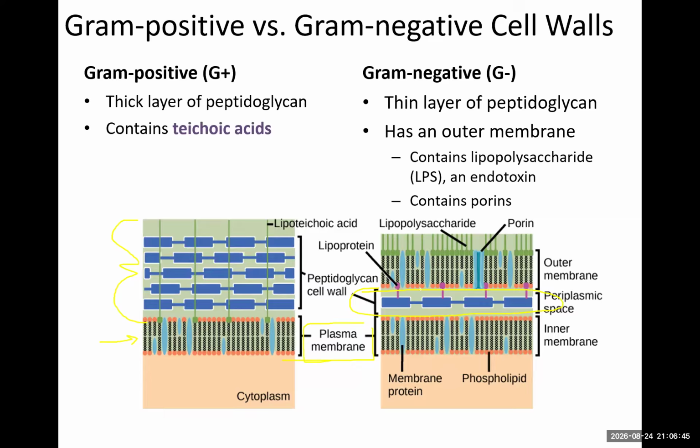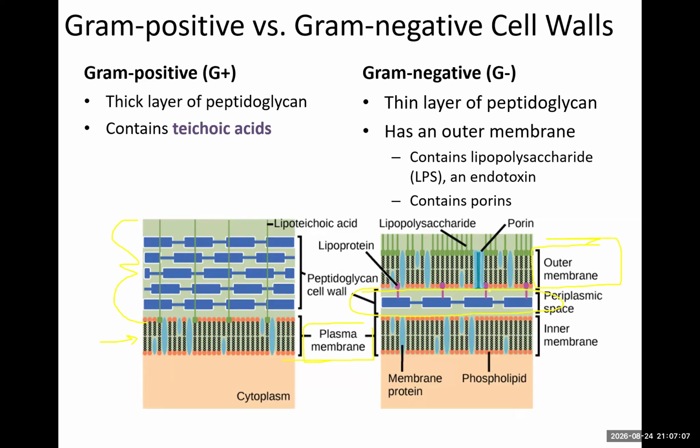And so essentially the cell has to kind of compensate for that. And so you'll notice right here outside of the thin layer of peptidoglycan is a second membrane. Okay, it's another phospholipid bilayer, and we refer to it as the outer membrane.